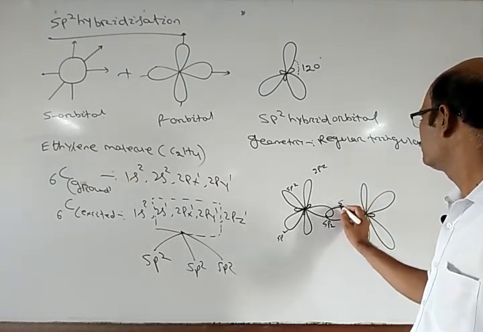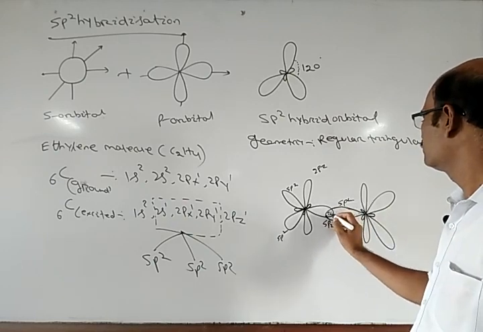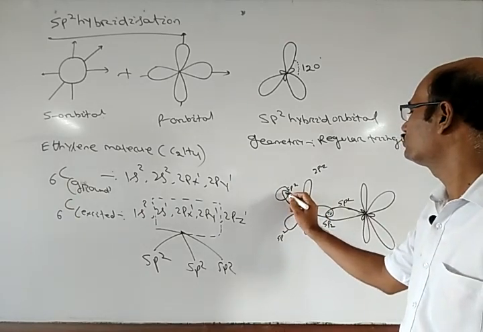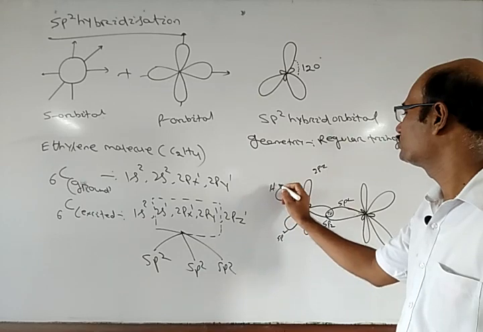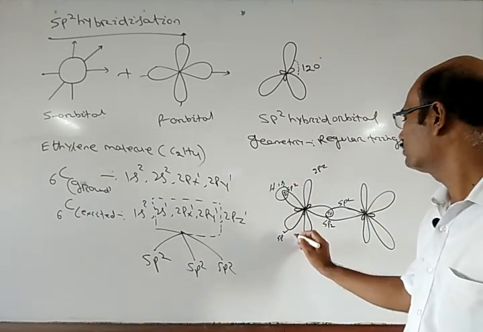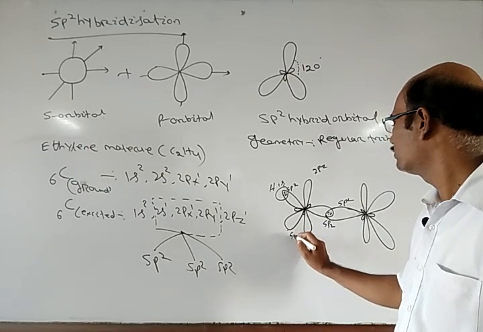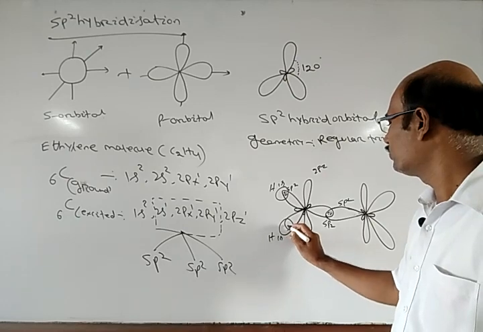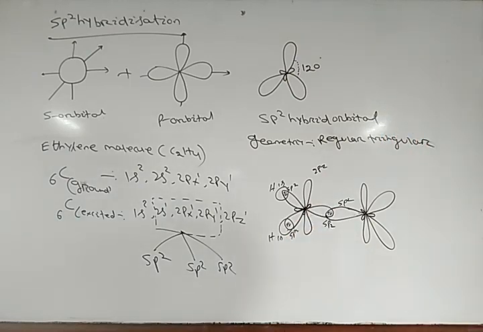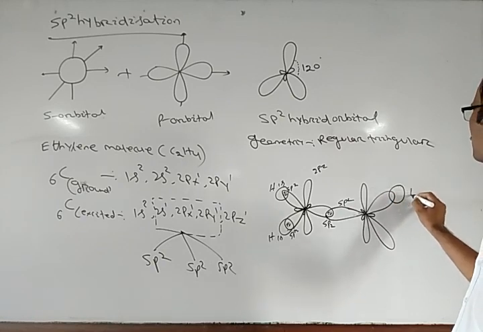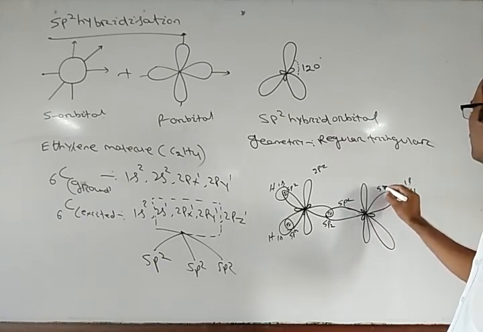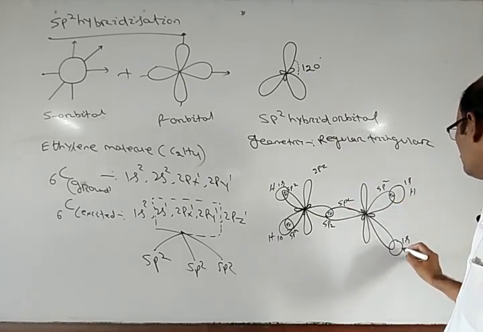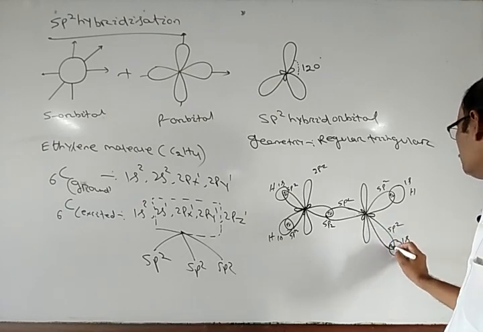So, this is your sp2-sp2 sigma bond. Okay. Now, this sp2 with H1s forms a sigma bond, H1s sp2 sigma bond, H1s sp2 sigma bond, H1s sp2 sigma bond.